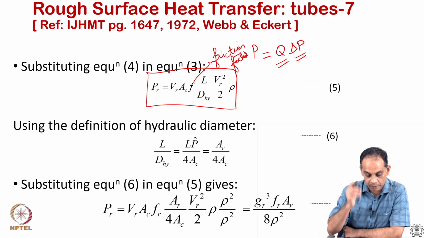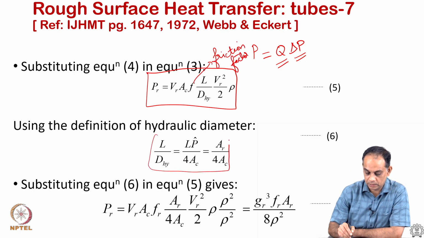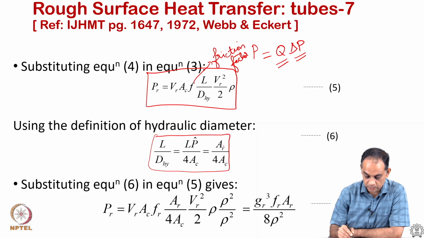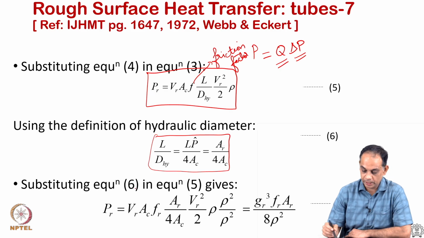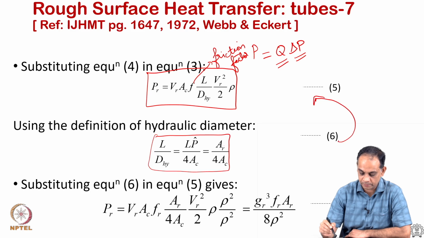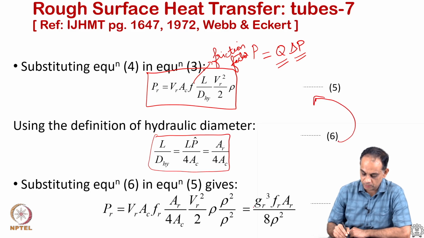Then we define a hydraulic diameter, which is typically known by L by dH, and this definition gives AR, the surface area of the rough tube divided by 4 times the cross-sectional area. We take this equation 6 and substitute it in 5, and we gather them in terms of GR, FR and AR.